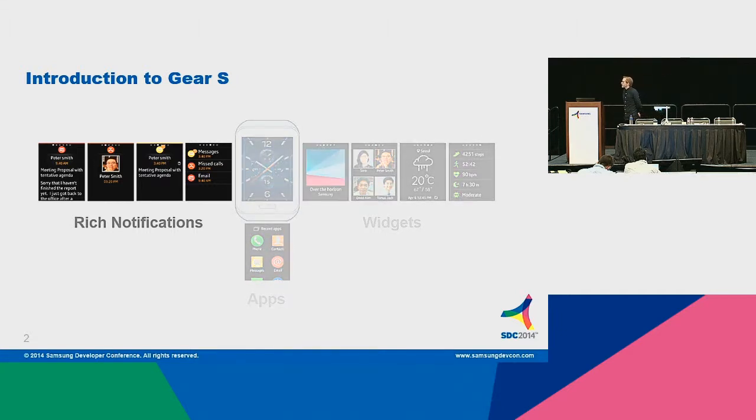And as you can see, these notifications are first-class citizens on the Gear S. So they're easily and quickly available from the home screen, just one swipe away. Your notifications are going to be grouped by application, and they're going to be ordered chronologically with the most recent one closest to the home screen.